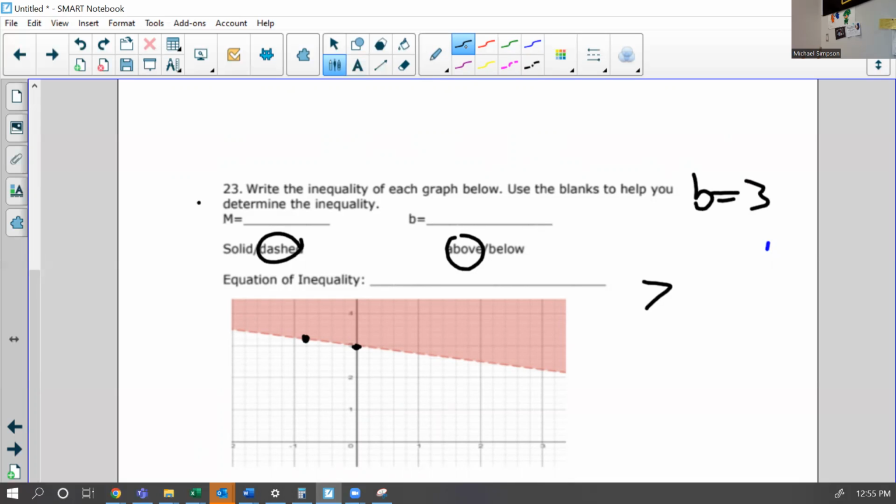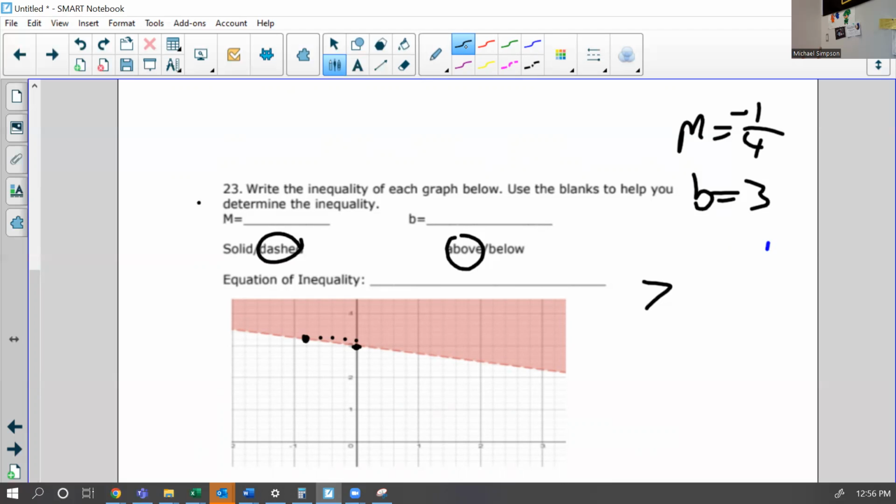And so my rise is going to be up 1, and my run is going to be 1, 2, 3, 4. And you can see that the graph is decreasing, so my slope is going to be -1/4.